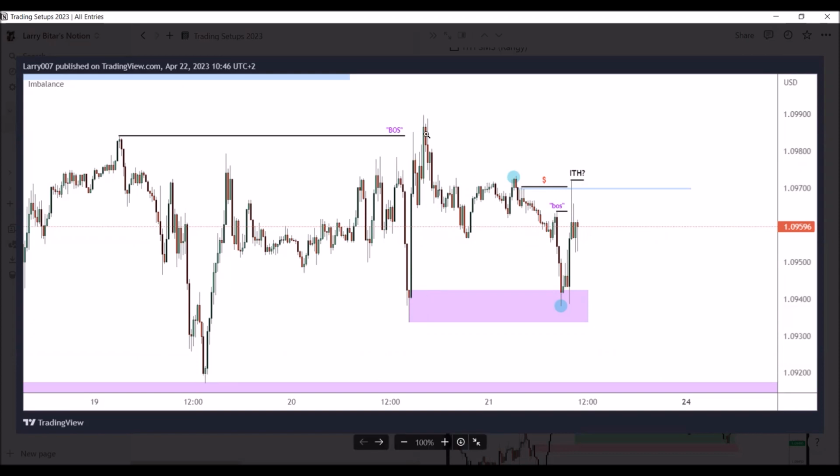But the accumulation is on the sell. However, we took most of the internal liquidity inside this little range. So I was like, okay, maybe this is the intermediate term high. Let's see the reaction. BOS, people will try to buy from there. Stop loss below. But I was wrong about the direction.